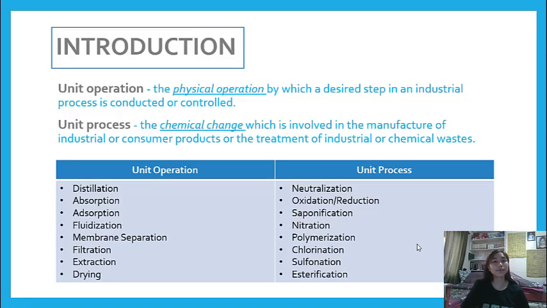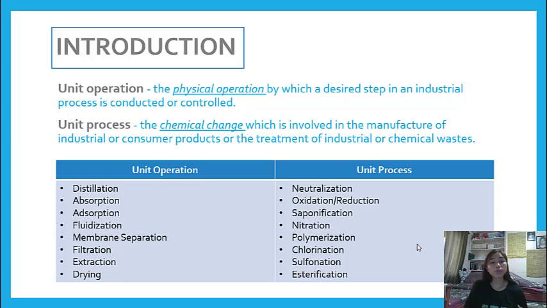So let's get started. As future chemical engineers, some of us will be working in industrial plants. And in industrial plants, we'll be encountering different unit operations and unit processes. But what is the difference between the two? From the Chemical Engineering Law of 2004, unit operation means the physical operation by which a desired step in an industrial process is conducted or controlled.